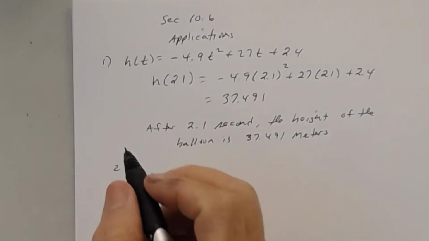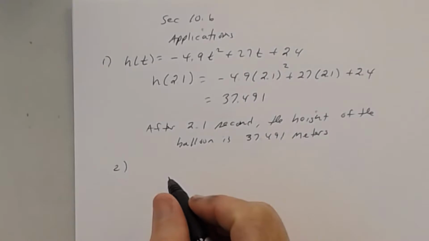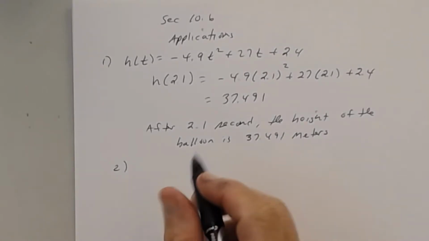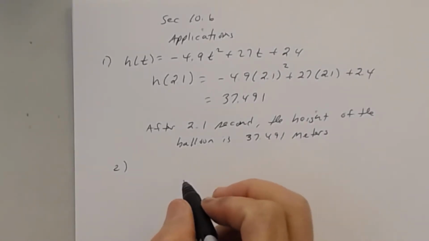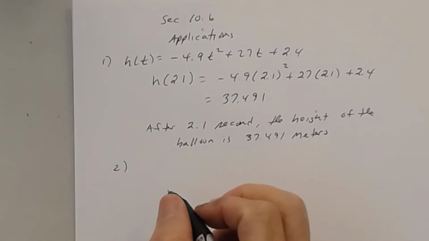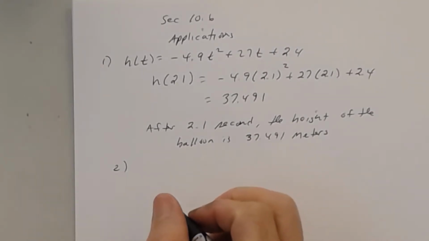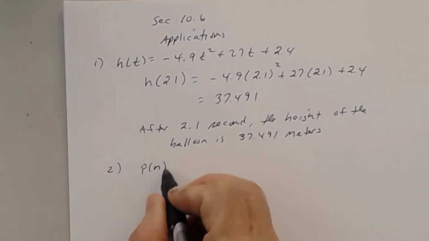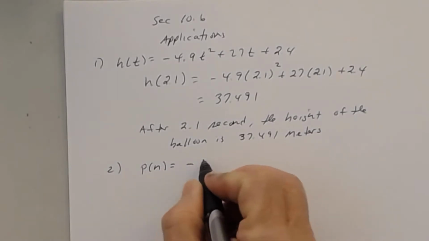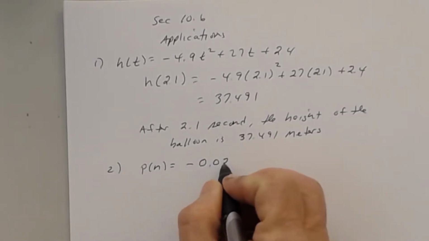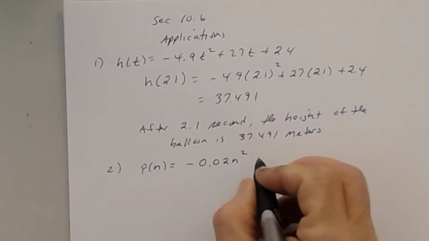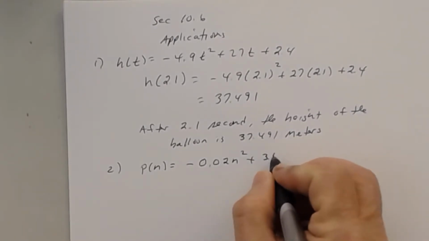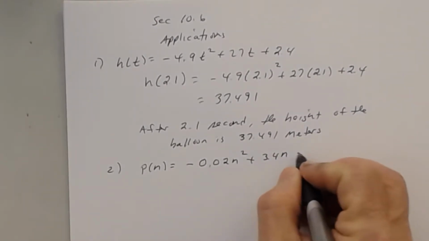This time you're told that a small independent motion picture company determines the profit, and profit is P here, for producing N DVD copies of a recent release is this. P of N equals negative 0.02 N squared plus 3.4 N minus 16.